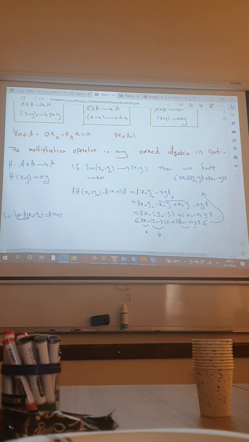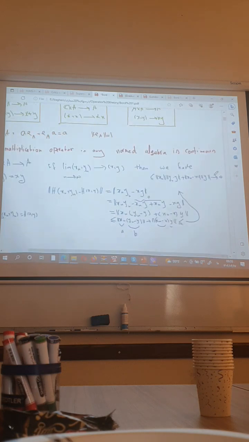But these two tend to 0, so all of this must converge to 0.